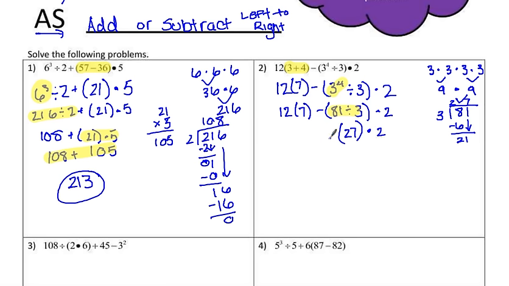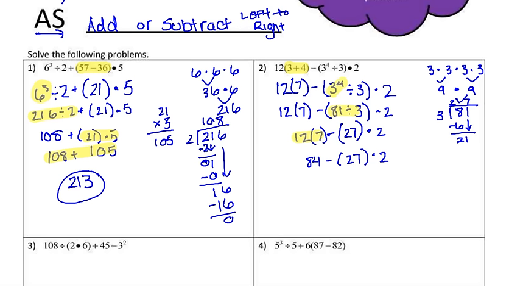Times 2 in the back, minus 7 times 12. Now that I've finished that grouping, do I have any multiplication or division? Yes, I do. I have multiplication right here. 12 times 7 gives you 84, and then you have minus 27 times 2.